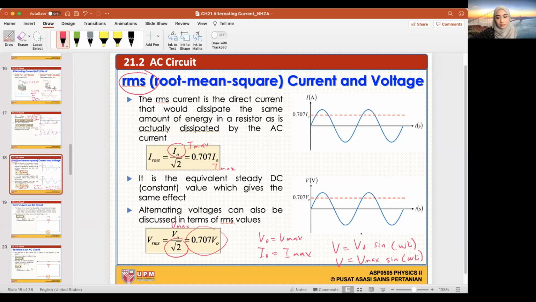It's just a different term. If you have this graph, this is your V naught, the same as Vmax. And this is your I naught or Imax. So please be aware that the naught in I naught and V naught refers to max.